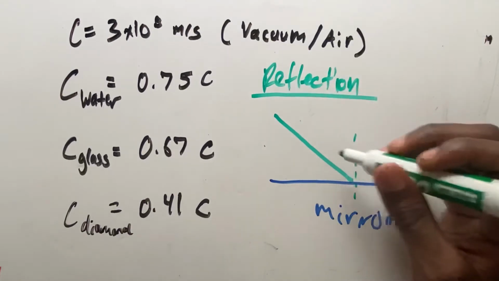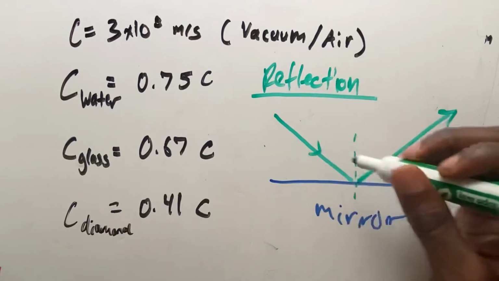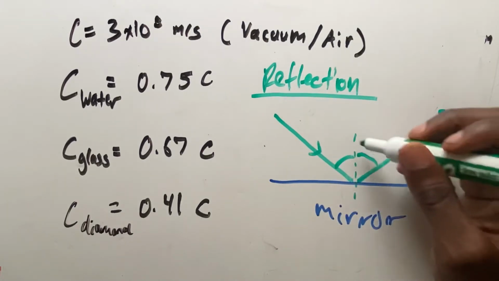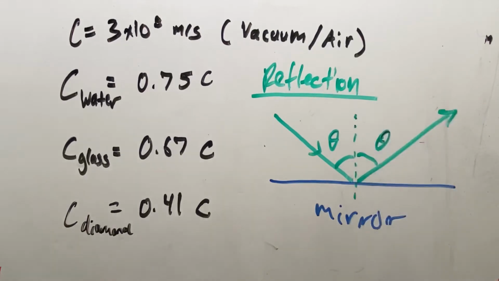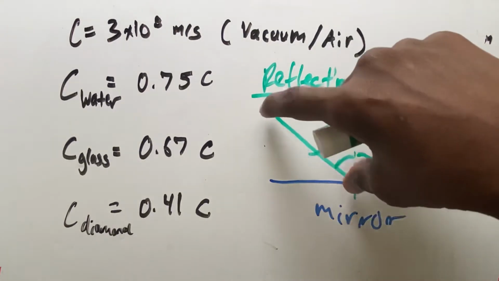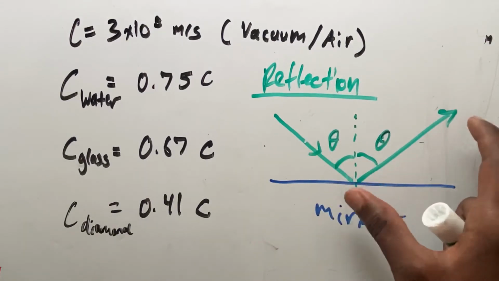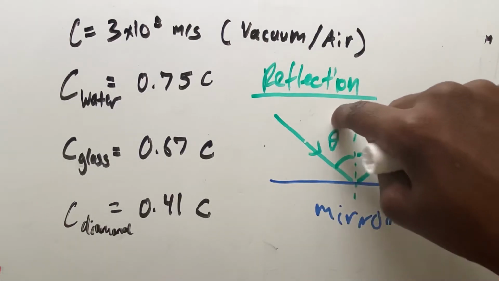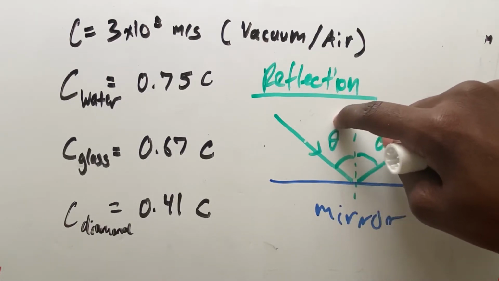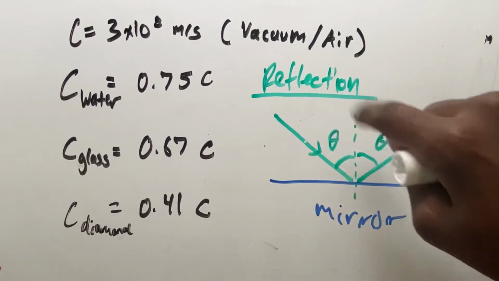And these two angles here are the same. The angle that the light came in at is going to be the same angle that it bounces off with. We call this angle the angle of incidence, and this is the angle of reflection. They're both going to be the same for reflections.